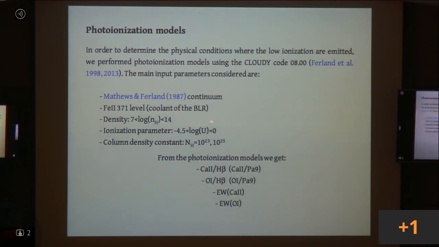We use this iron 2 ion, a large range of densities, a large range of ionization parameter and column density. No, 2 column densities, I'm sorry. 10 to the 23 and 10 to the 25. And we got the equivalent width of calcium 2 or 1 and these ratios, okay? This ratio comes from the same spectrum.